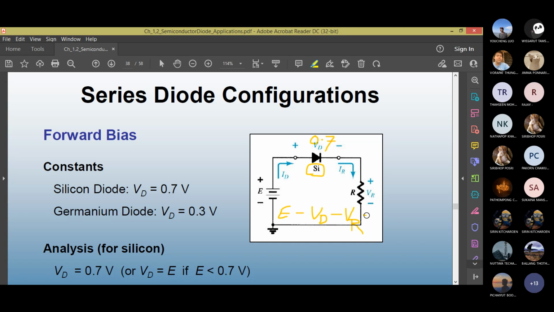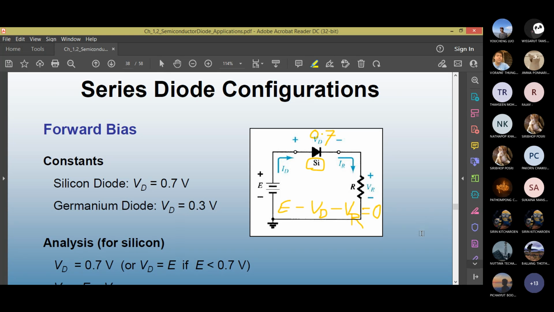Equals 0. Yes. The total voltage around a single loop is 0. Or you can say voltage rise equals voltage drop. E is voltage rising. E equals VD plus VR. Voltage drop is VD and VR.